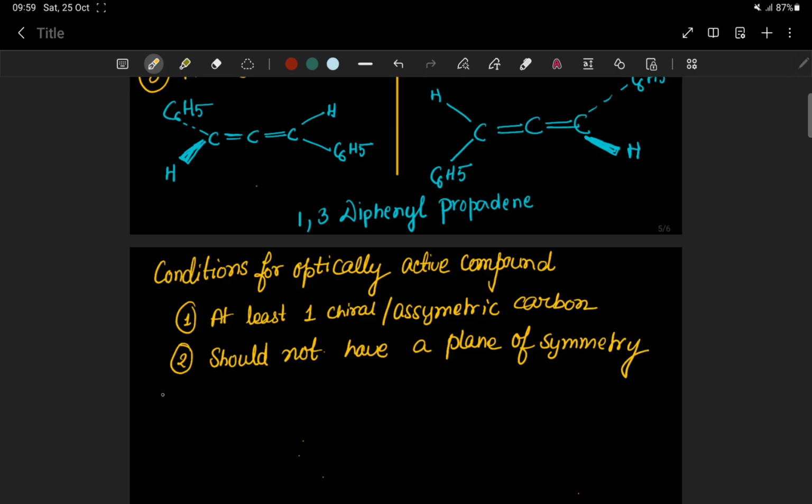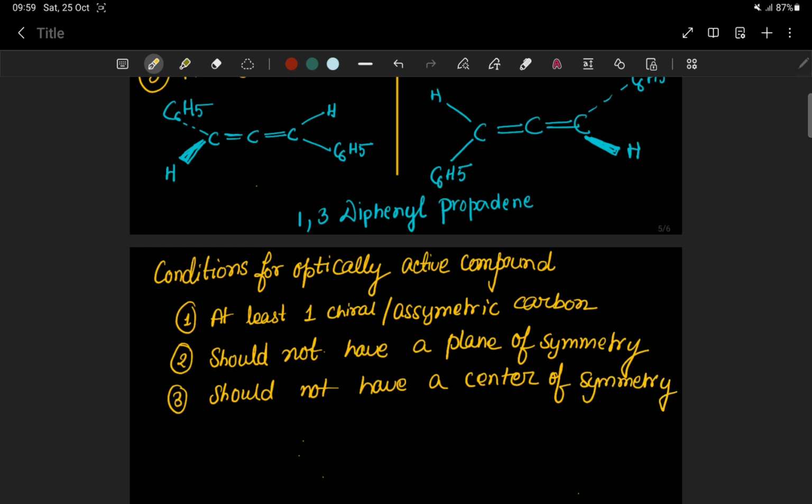It should not have a center of symmetry as well. Okay, these are the 3 points that are the conditions required to be an optically active compound.